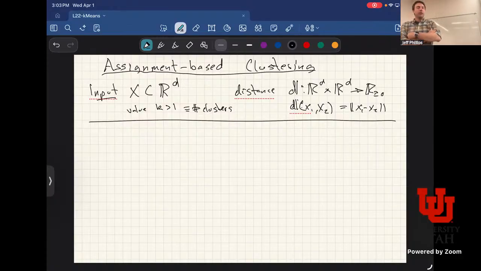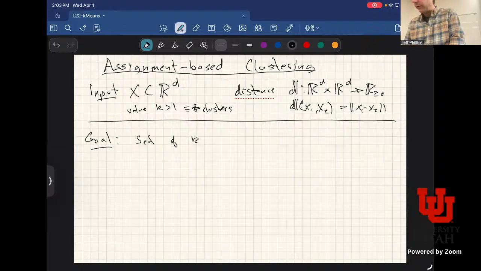Within assignment-based clustering, the output of the algorithm is just going to be a set of k sites.